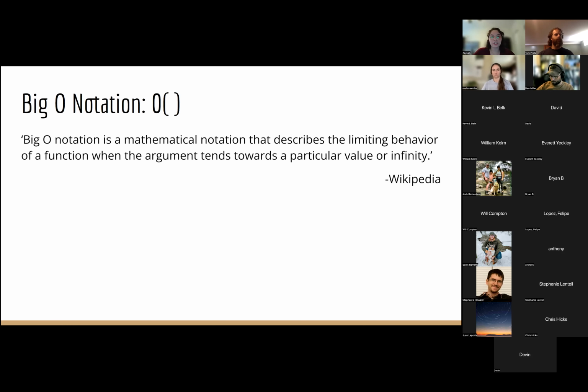So Big O notation, according to Wikipedia, is the mathematical notation that describes the limiting behavior of a function when the argument tends towards a particular value or infinity. Kind of wordy.